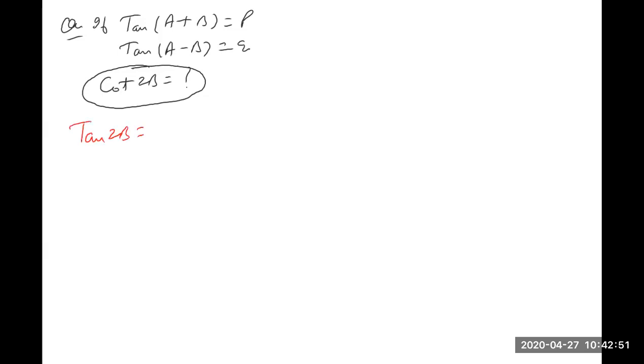Tan 2B is equal to tan, this you can write as A plus B minus A minus B, because A and A will cancel.